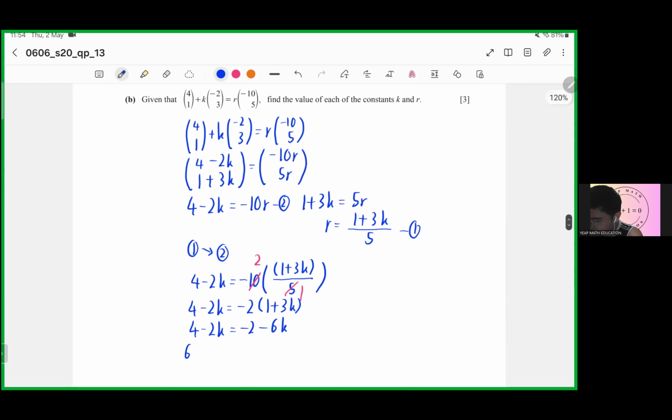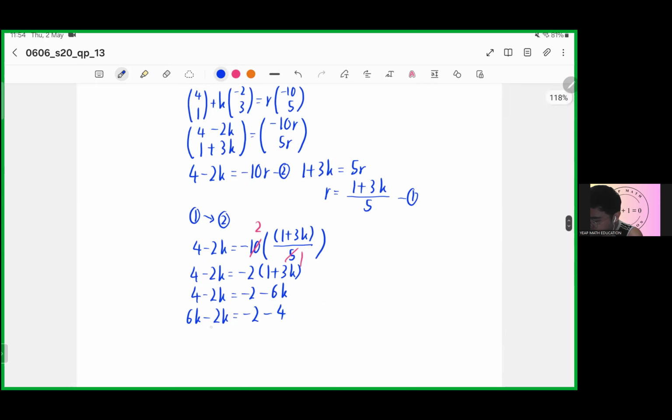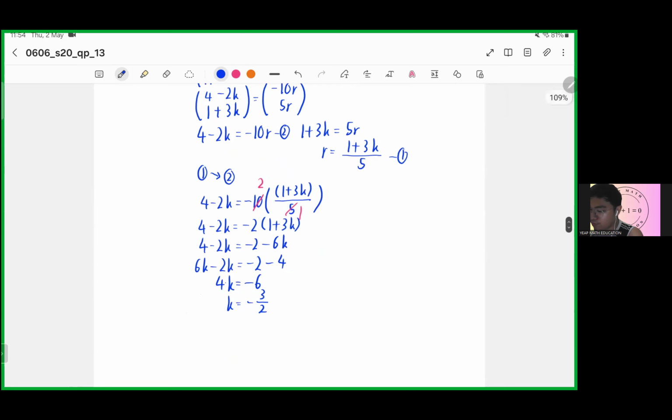We can get 6k minus 2k equals negative 2 minus 4. So we get 4k equals negative 6, so k equals negative 3 over 2.